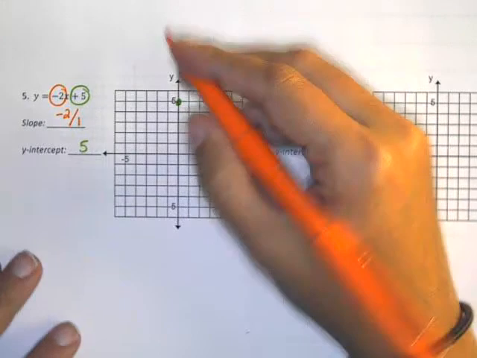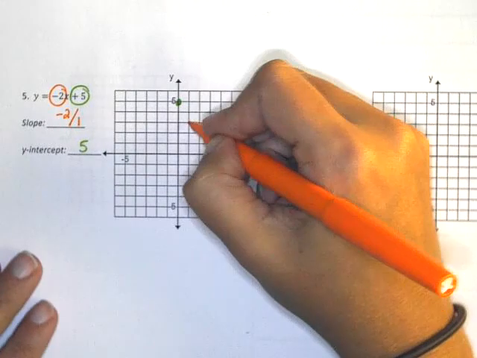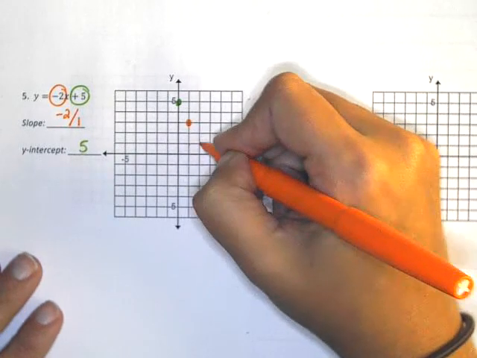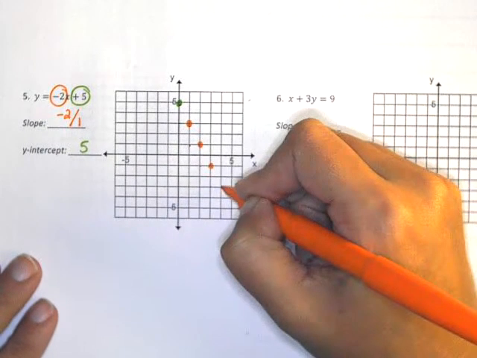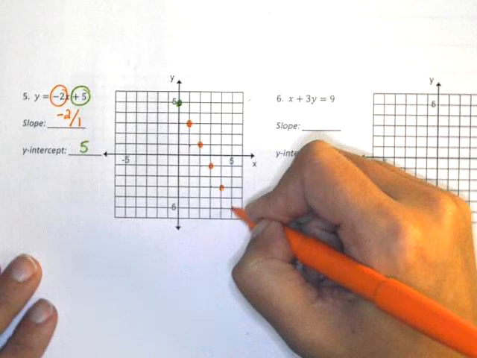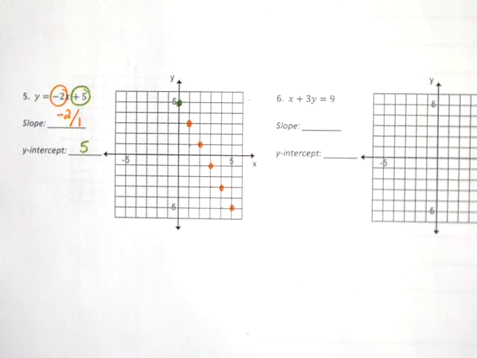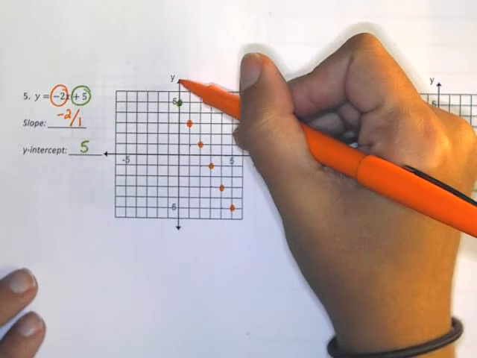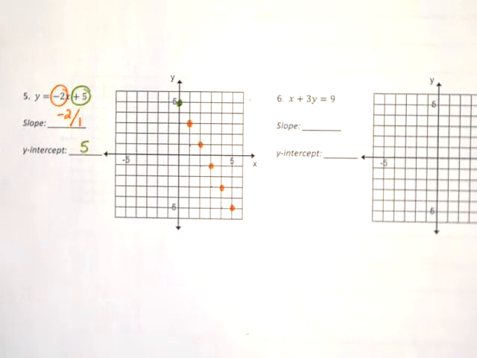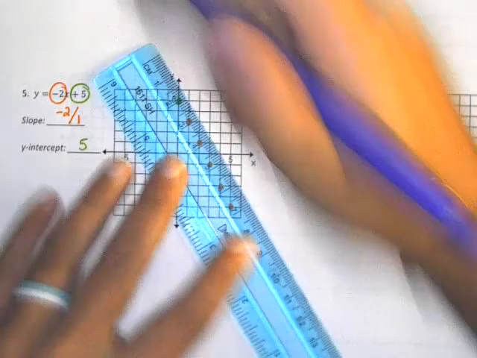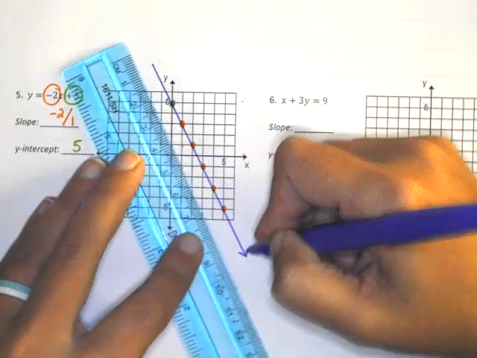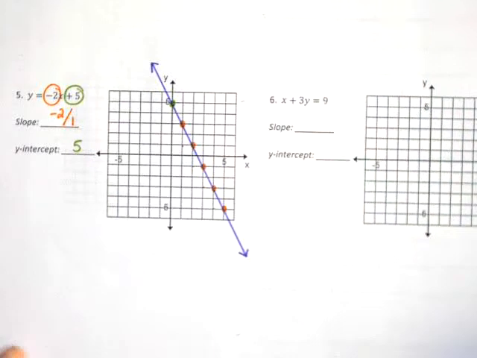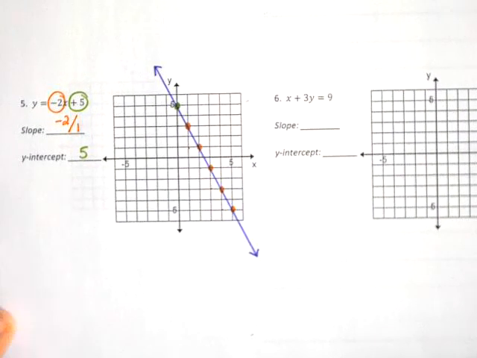And from there, I'm going to go down 2, right 1, repeatedly. When I run out of room, I'll go back to the beginning, but on this graph, if I try to go up 2, left 1 to reverse it, there isn't enough room. So I'm just going to draw a line that goes through these points, that goes beyond the edges of the graph, and that has arrows, and I'm done.